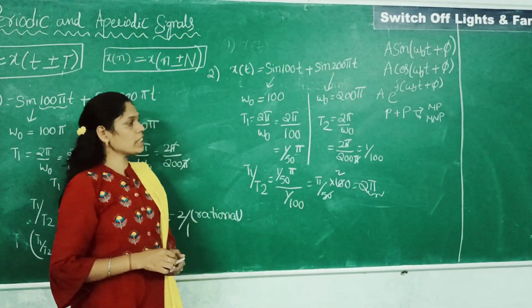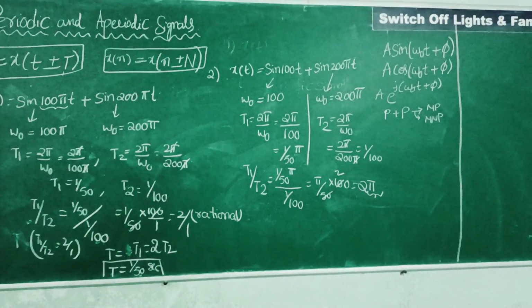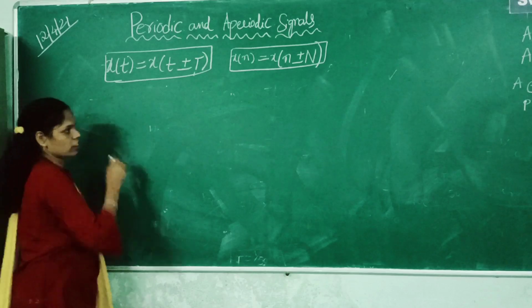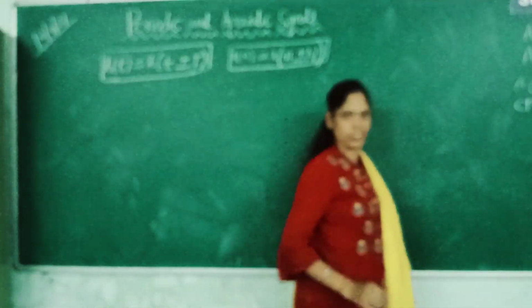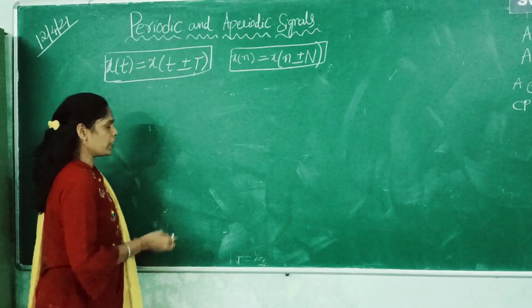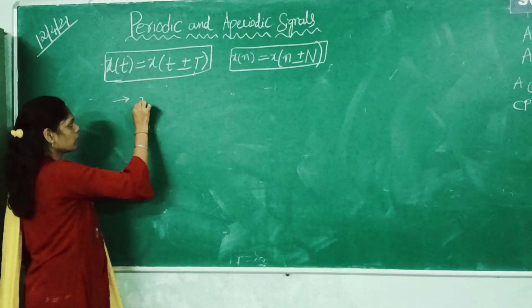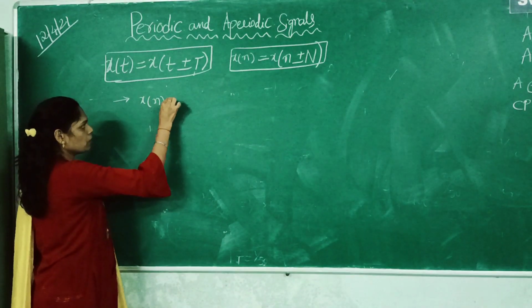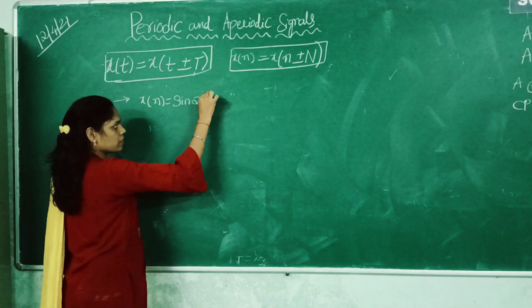Now we will take some discrete time domain signals. Let us take another example in the discrete domain. For example, x of n equals sin 2 pi n.